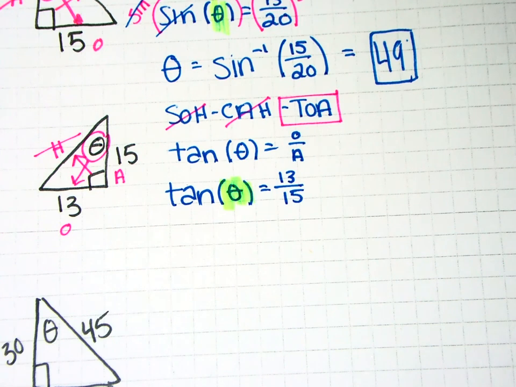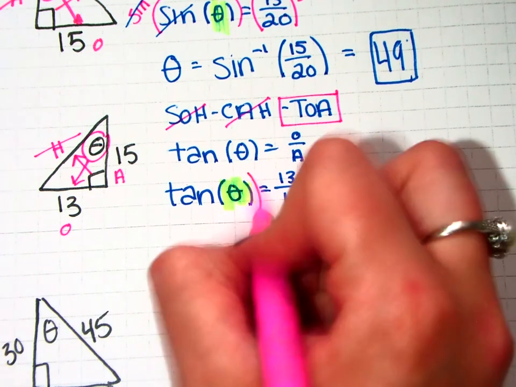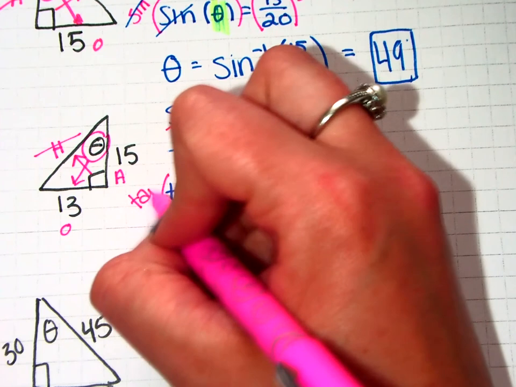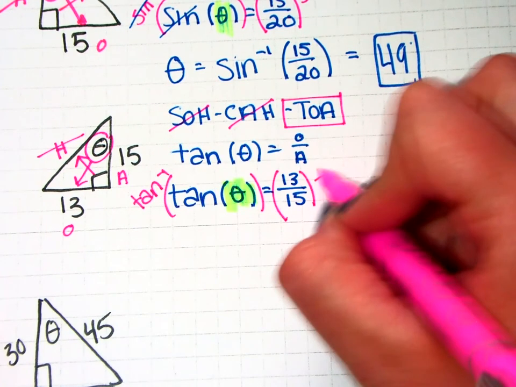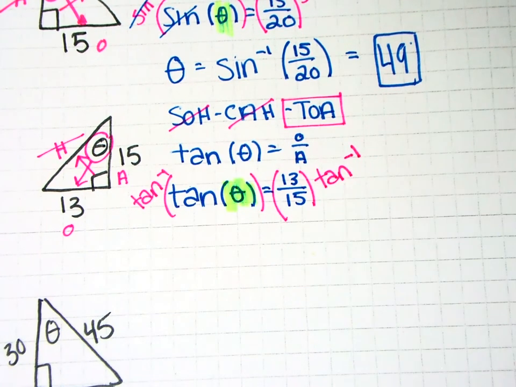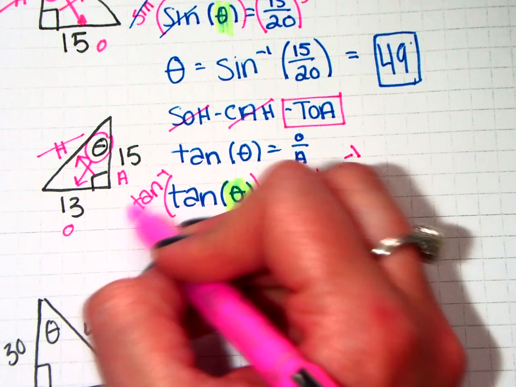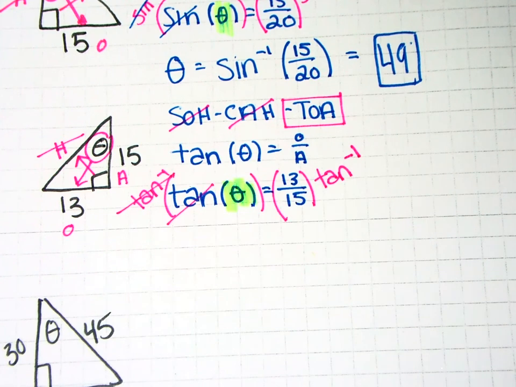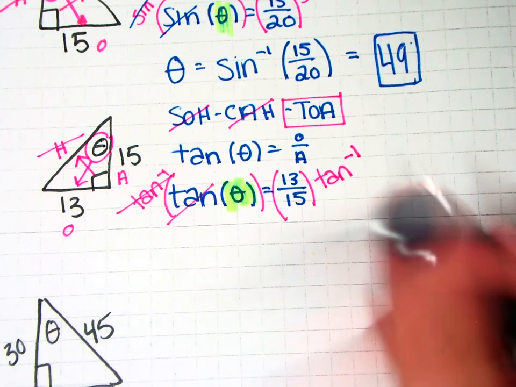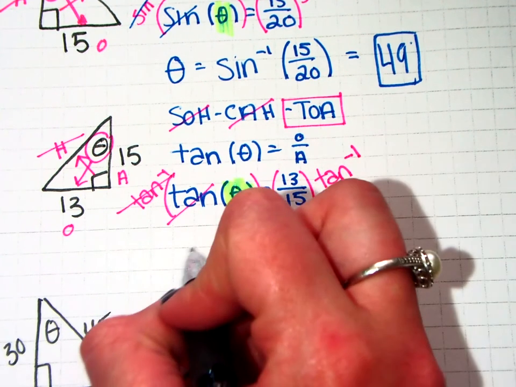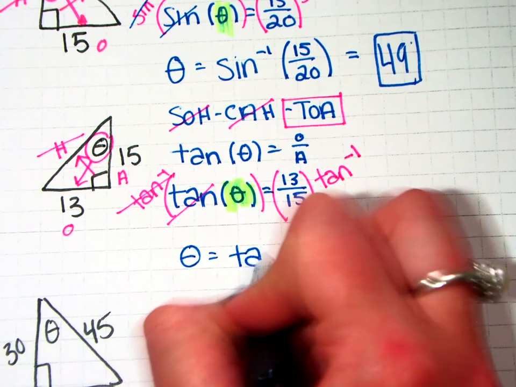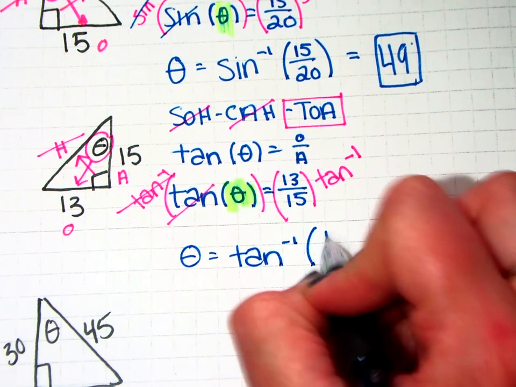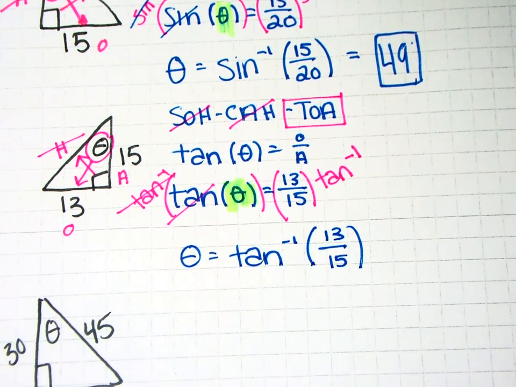Since this problem is tangent, I'm going to go ahead and use tangent to the -1. You've got to match your trig functions. If it's a sine problem, you use sine to the -1. Tangent, you use tangent to the -1. So your tangents end up canceling, and you're left with theta equals tangent to the -1 of 13 over 15.